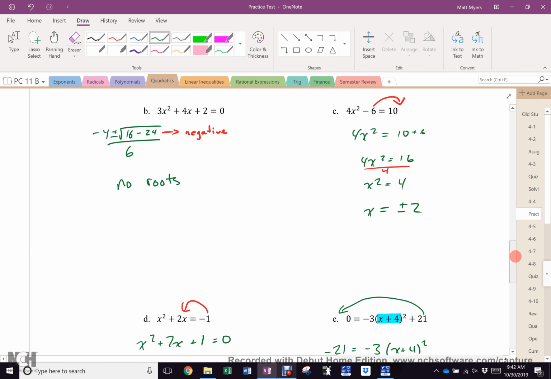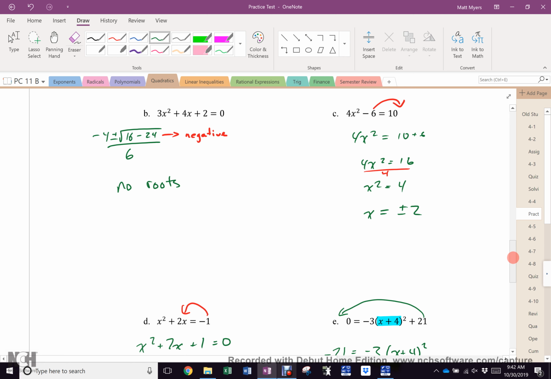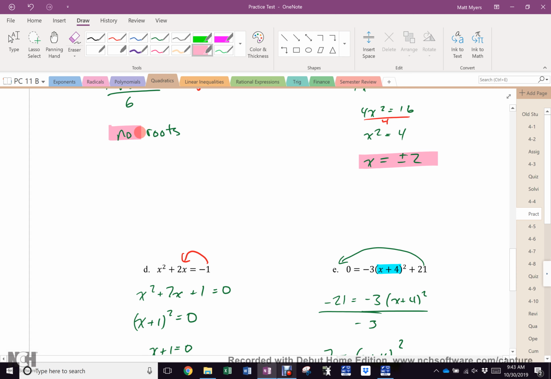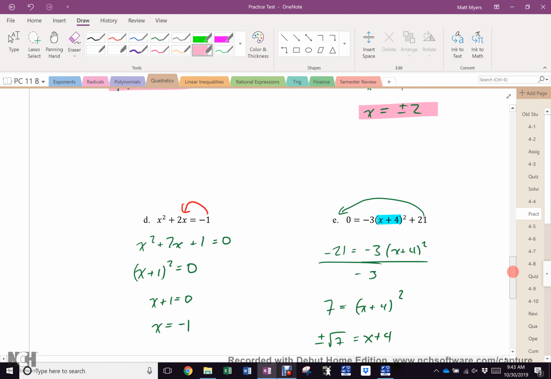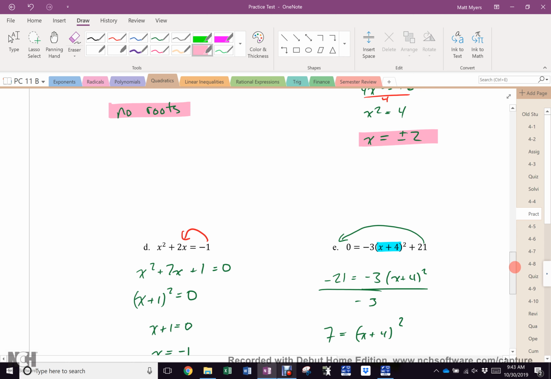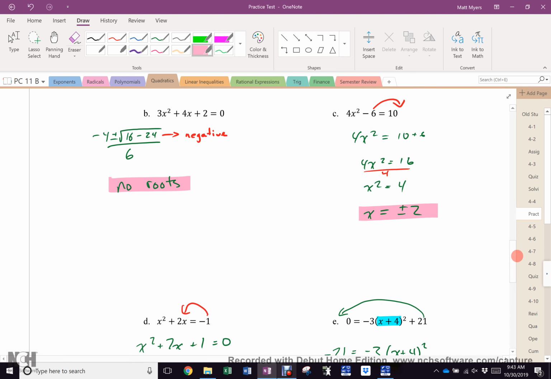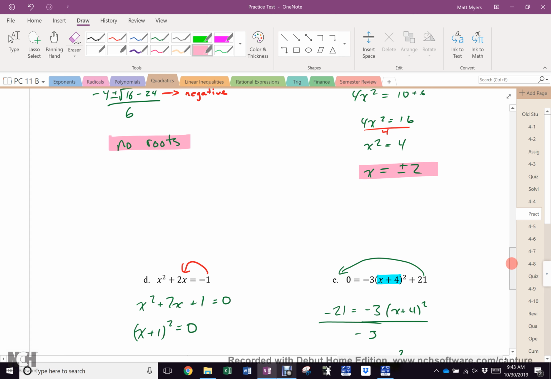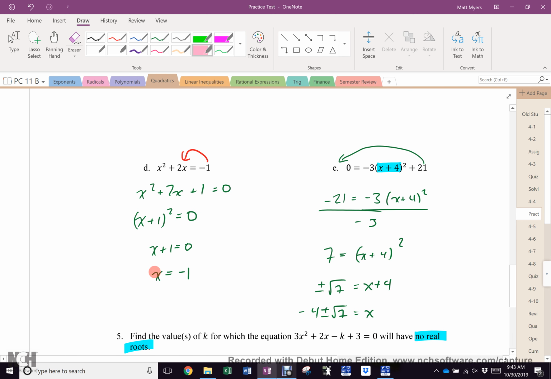There is 4B. Oh, I didn't highlight. 4C. And I can cram 4D and E. Not quite. 4B and C, there they are. D and E, there they are.